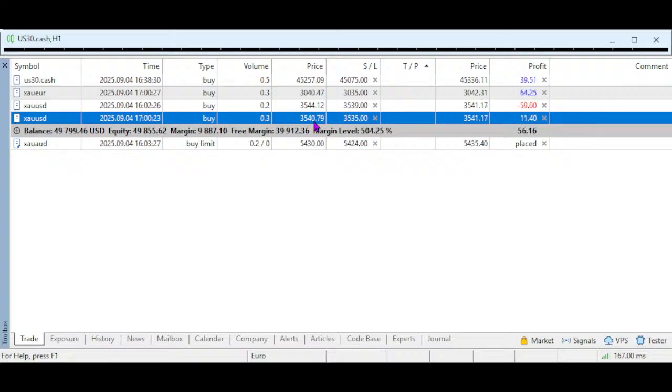I'm not sure. Just now we only had 2 trades. So I think the gold euro, 40 half, I think that was filled. So we have 2 trades open.